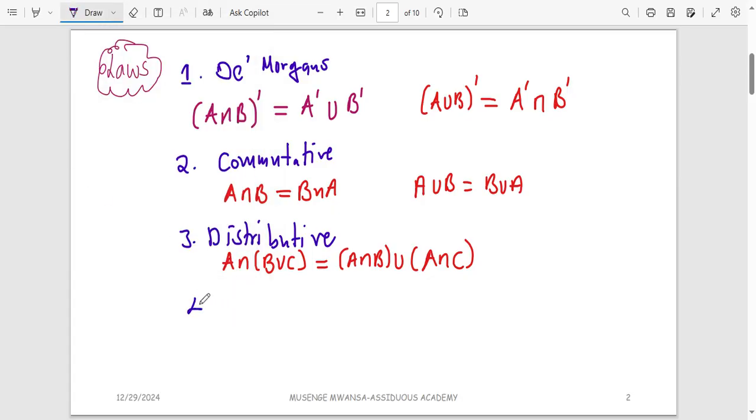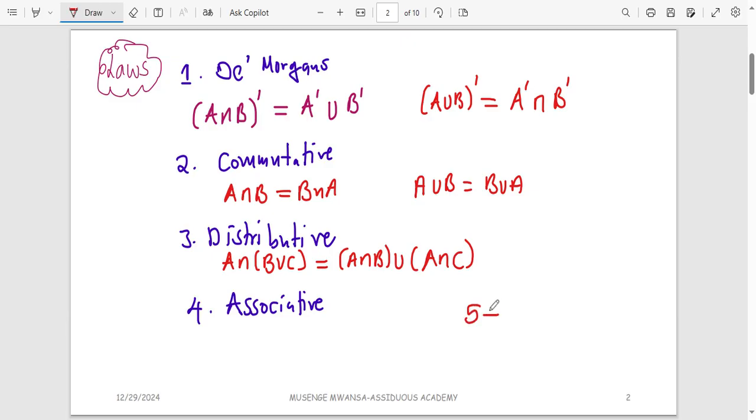The last law is known as the associative law. Now the law of associativity is similar to this.